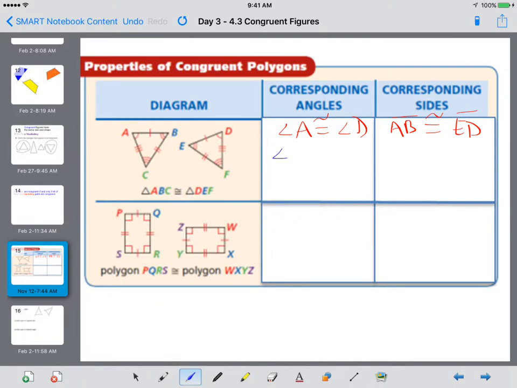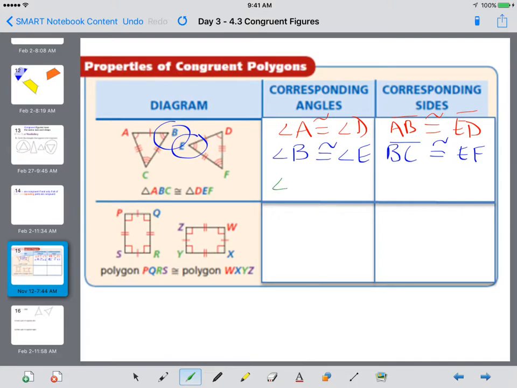Now we have angle B is congruent to angle E. They both have the 2 tick marks. So therefore these two are congruent. And the side that they would correspond with would be BC congruent to EF. Go from blue to green to blue to green.